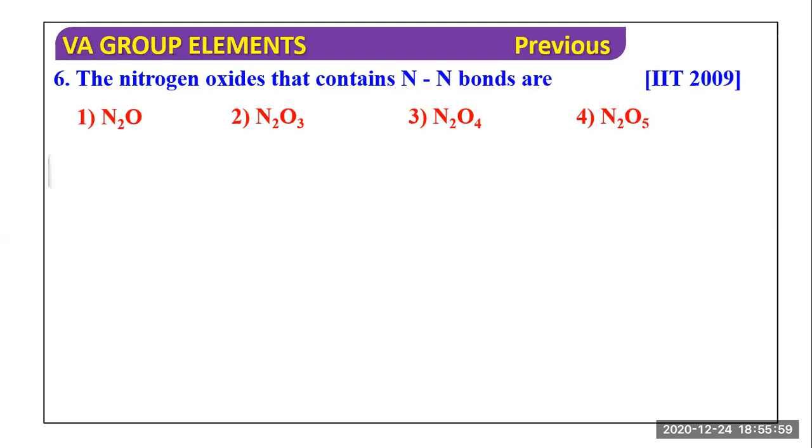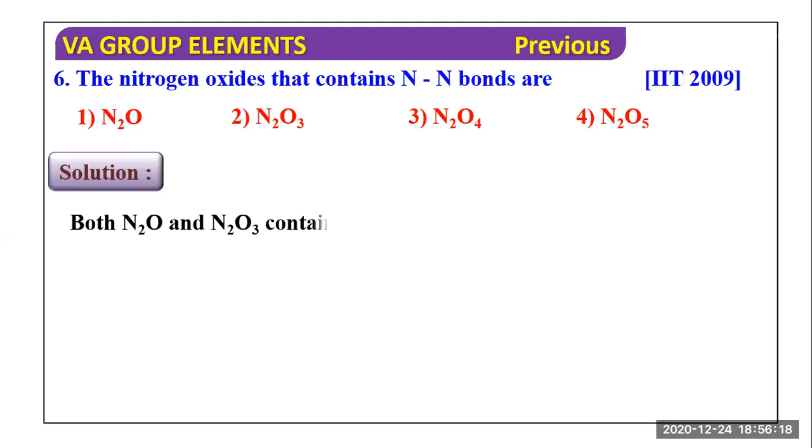Which one is the correct? N2O, so it must contain a nitrogen-nitrogen bond. Yes. N2O3 also contains an N-N bond. So both N2O and N2O3 contain N-N bonds.